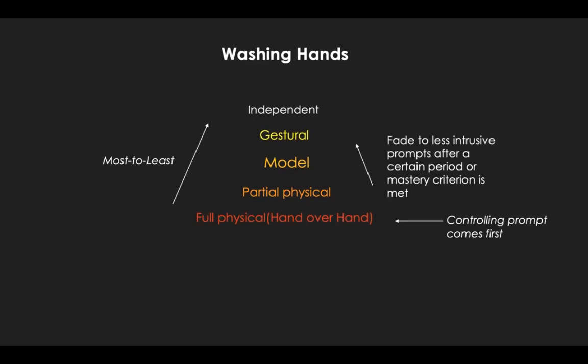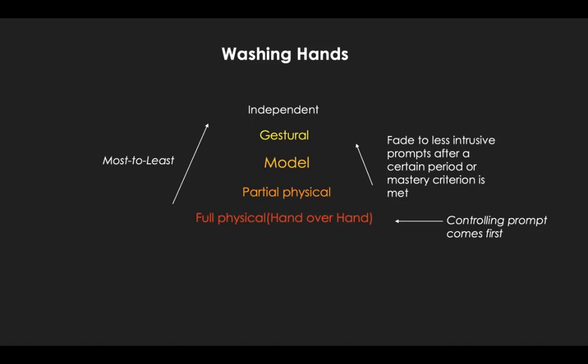So for example, sometimes the controlling prompt is used for the first 3 trials in a day. And then on the 4th trial, you might fade to the next less intrusive prompt. However, if an error is made, then you would go back and do 3 more trials.